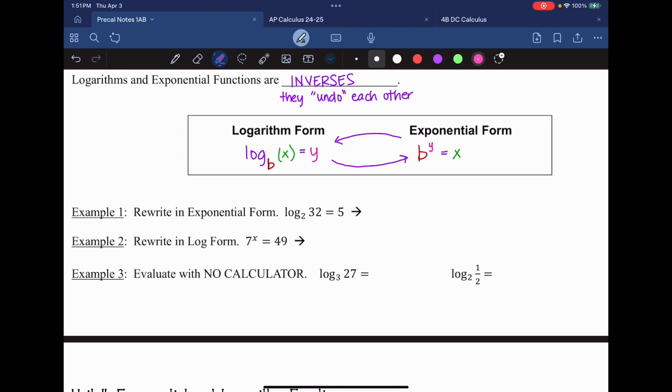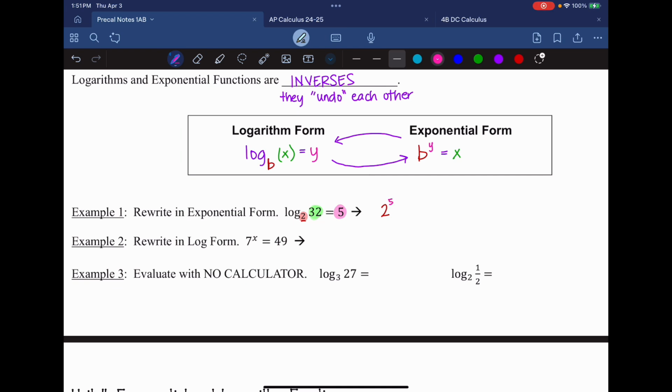So the first example, to rewrite in exponential form, so I'm going from log to exponential. The 2 is my base. The 32 is the argument of the log. And the 5 is the answer. So when I go to put it in exponential form, my base is going to be 2.